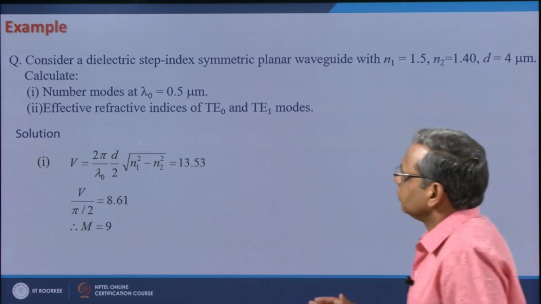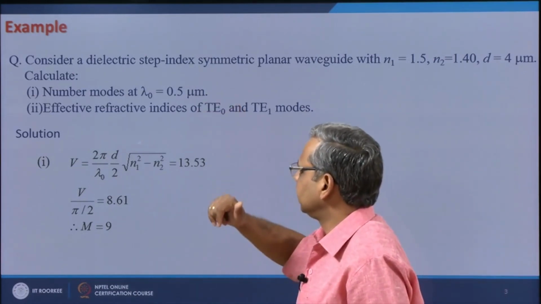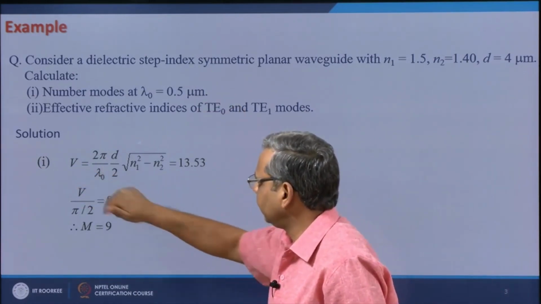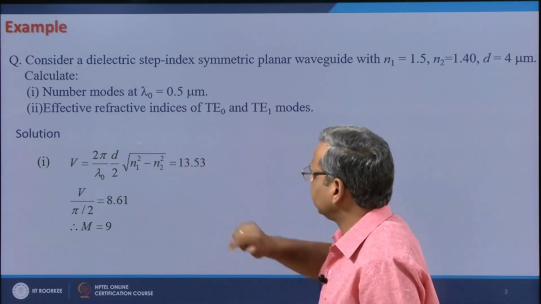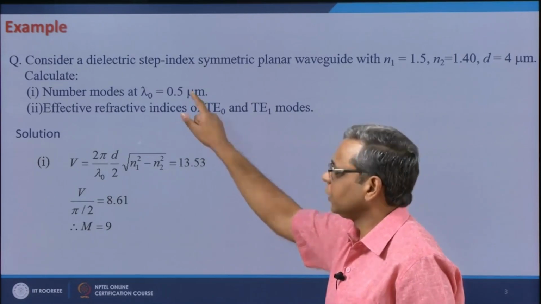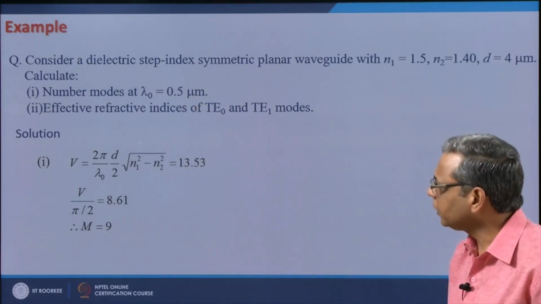So, again, to find the number of modes, I find the value of V. When I find the value of V, it comes out to be 13.53 at lambda naught is equal to 0.5 micrometer.